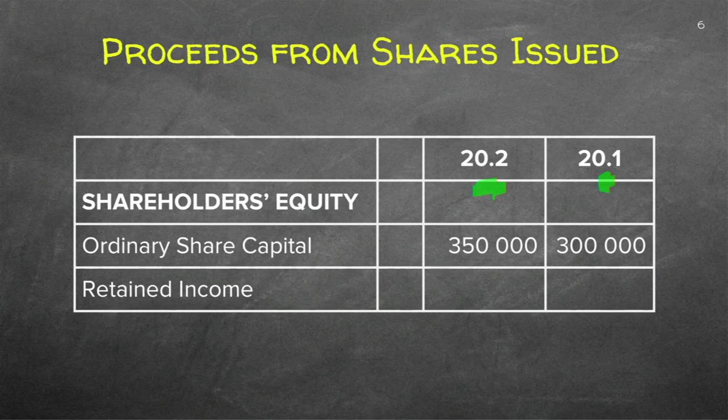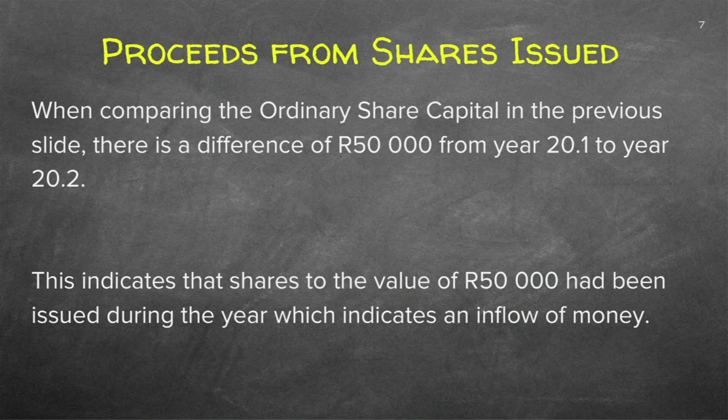Just a little reminder there. Some of you might have forgotten that. If I have a look, at the beginning of the year my ordinary share capital was 300,000, but now at the end of the year it's 350,000 Rand. So there has been a difference of 50,000 Rand. So my shares have increased.